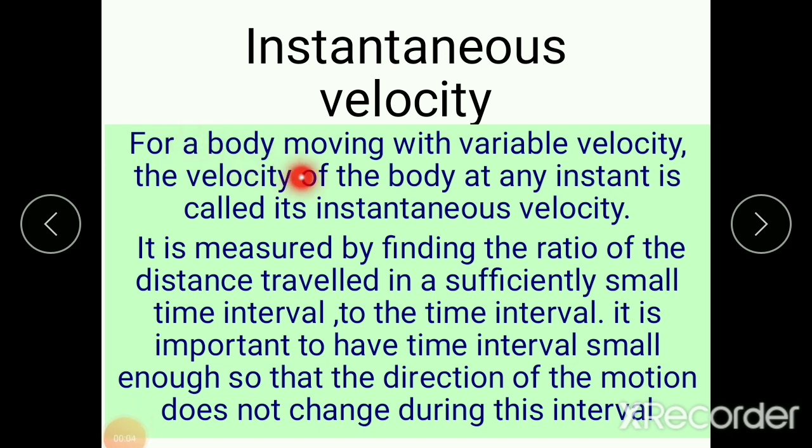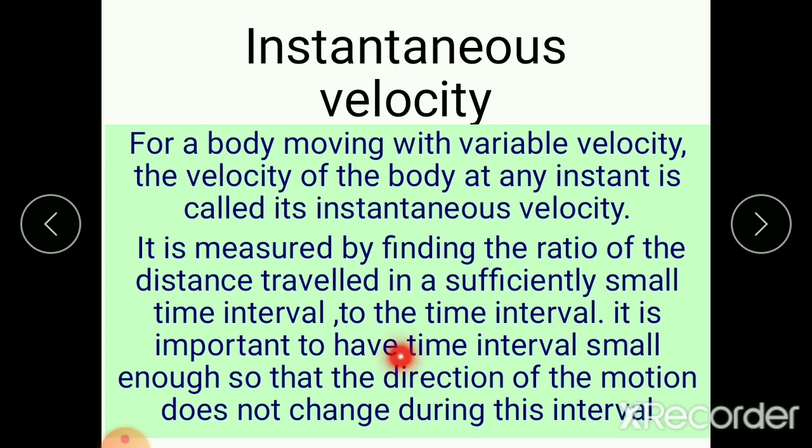Next we'll see instantaneous velocity. For a body moving with a variable velocity, that is non-uniform velocity, the velocity of the body at any instant is called its instantaneous velocity. It is measured by finding the ratio of the distance traveled in a sufficiently small time interval to the time interval.